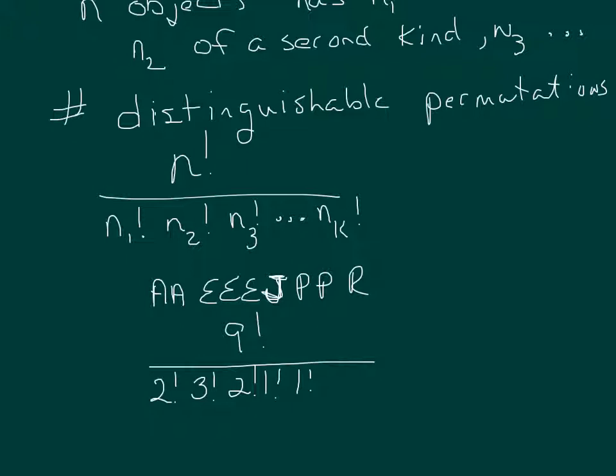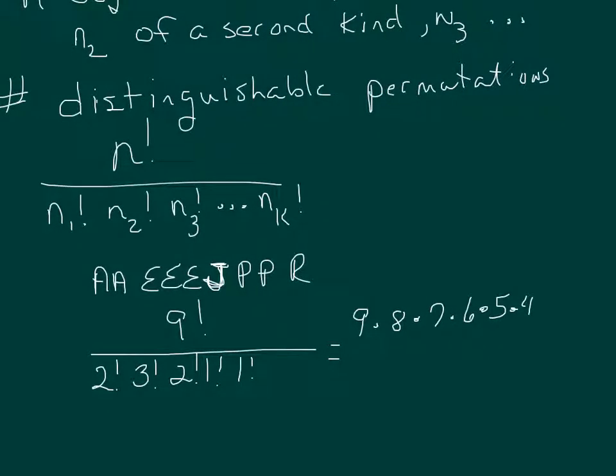So if we're going to simplify this, we know we have 9 times 8 times 7 times 6 times 5 times 4 times 3 factorial. I'm stopping there because that's the highest factorial I have on the bottom.